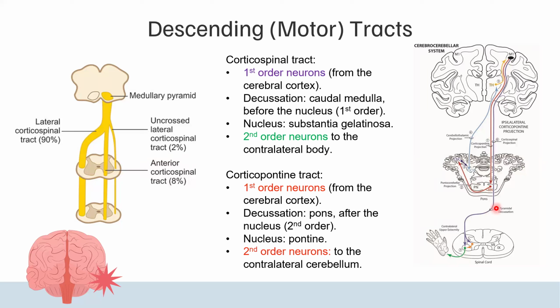This first order neuron will decussate, move down the spinal cord, and then within the nucleus of the substantia gelatinosa, it's going to synapse with its second order neuron and then give the actual supply as a second order neuron. Is that clear? Would you like me to repeat that?